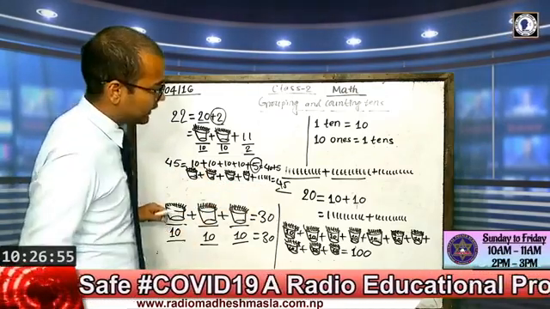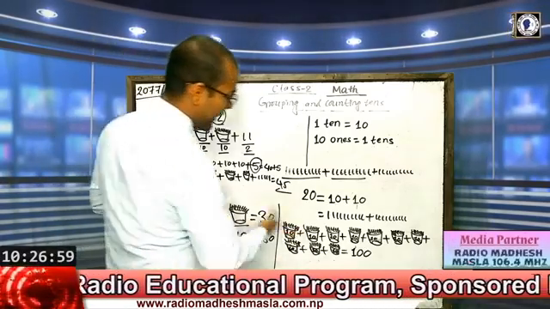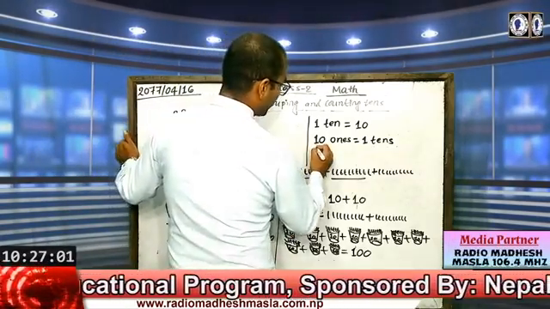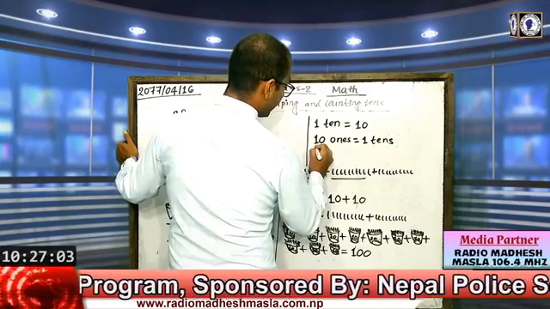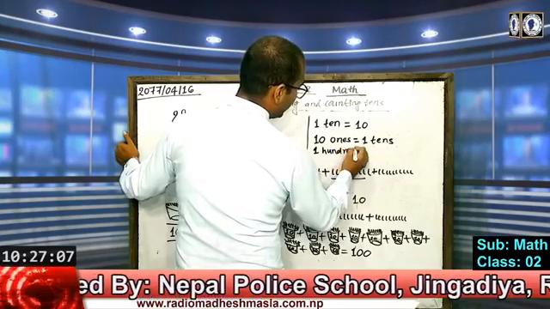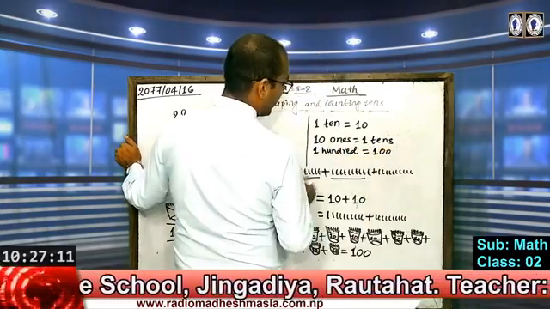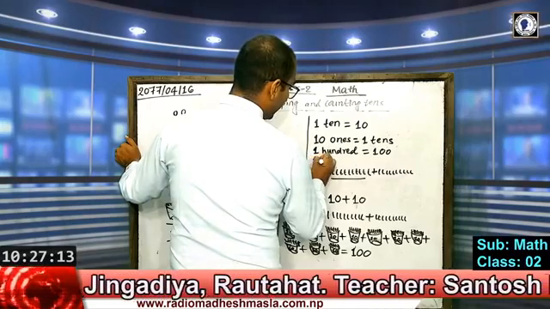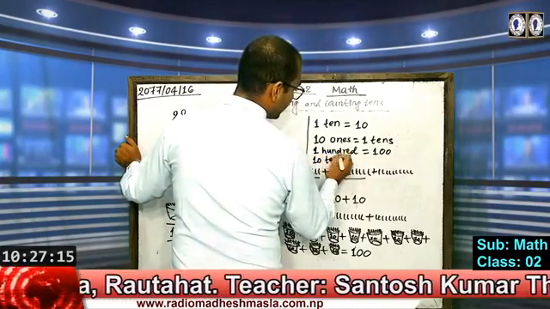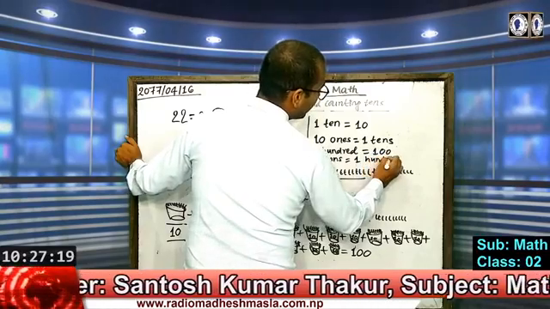In the same way we can say that 100 is equal to 100. It means 10 tens is equal to 100.